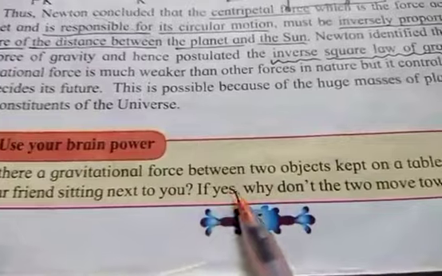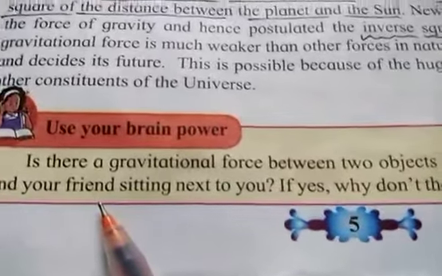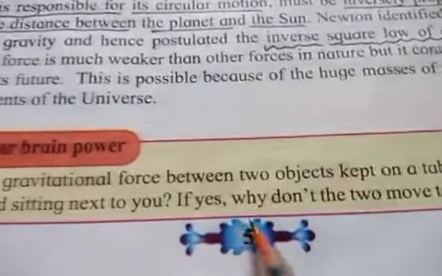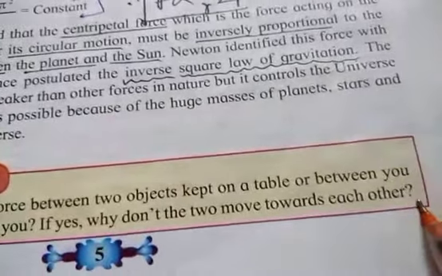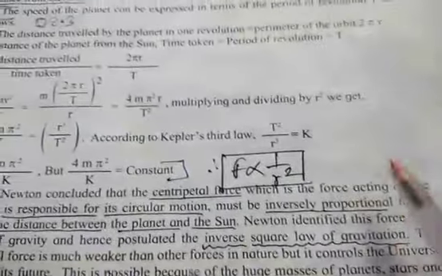Now, is there a gravitational force between two objects kept on a table, or between you and your friend sitting next to you? If yes, then why don't the two move towards each other? They are not moving towards each other because the gravitational force between two bodies on the earth is not that strong. It is quite weak.